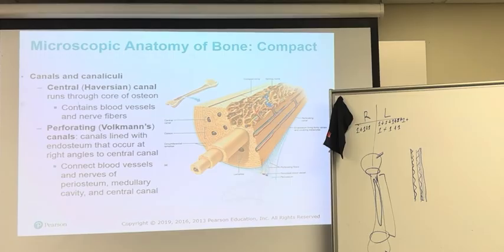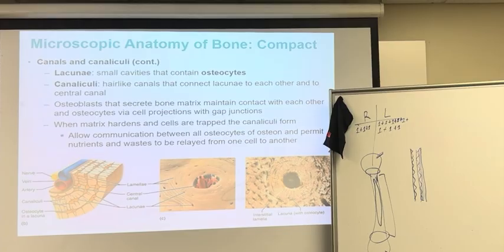I did talk about the canals and the canaliculi already. You have the canals right here, and canaliculi is basically the connection between the canals and the osteocyte. What about the lacunae? Lacunae is the house of the osteocyte.